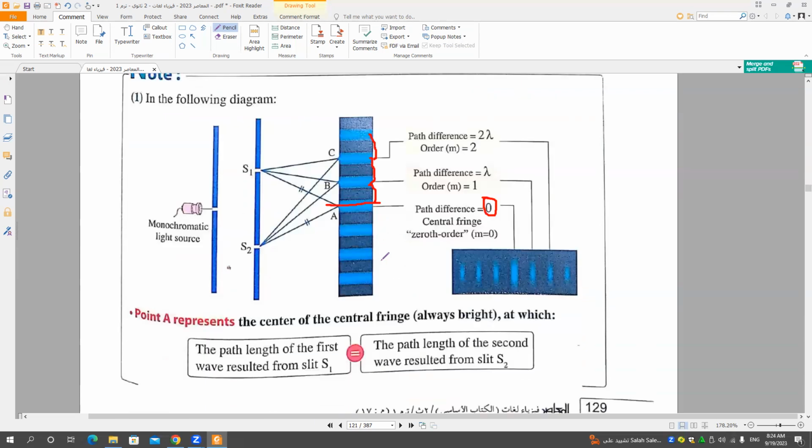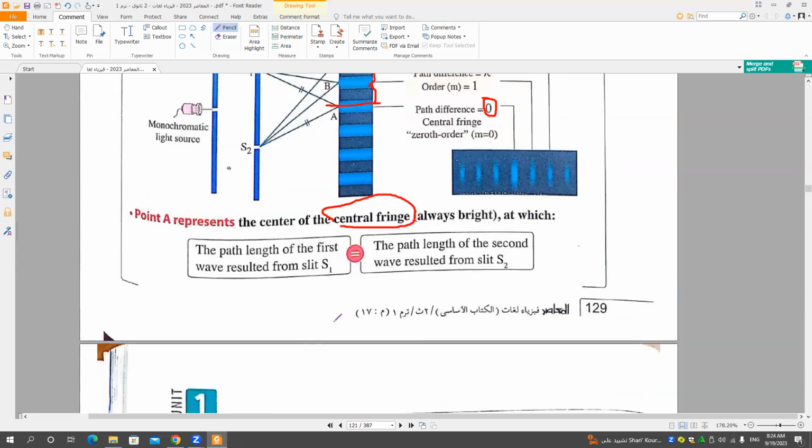Point A represents the center of the central fringe, always bright, at which the path length resulting from S1 equals the path length resulting from the second slit. So it will produce the center of the fringes.